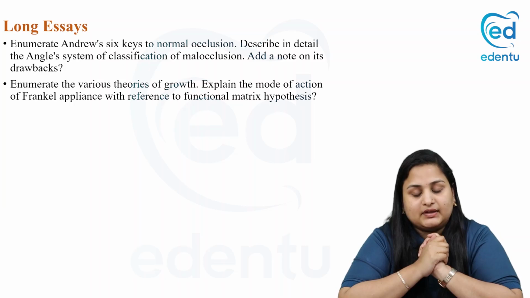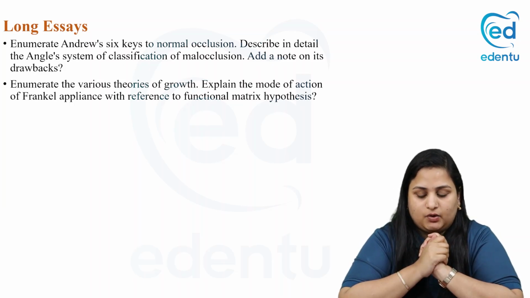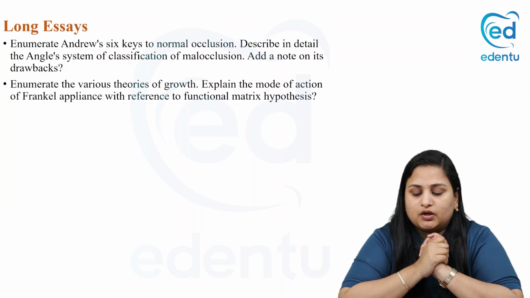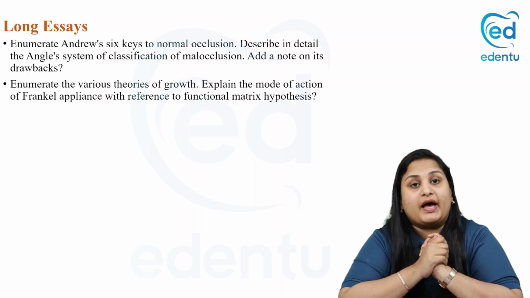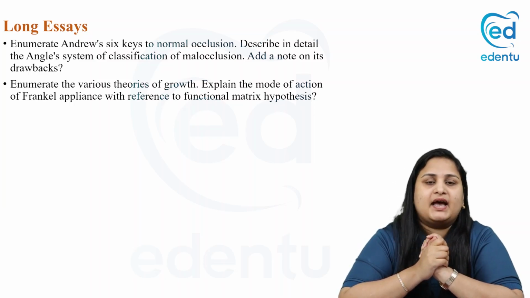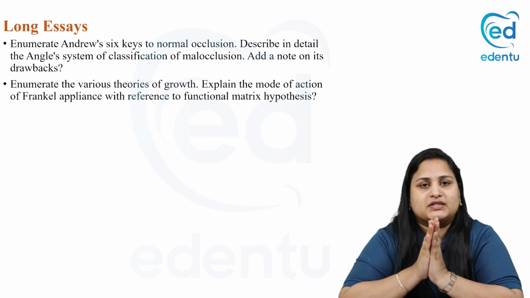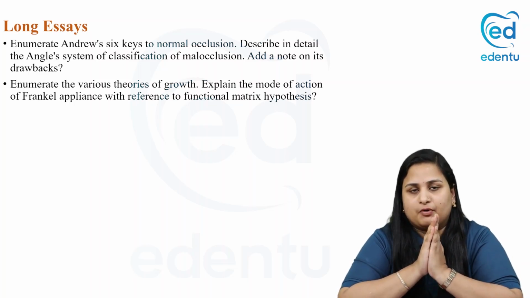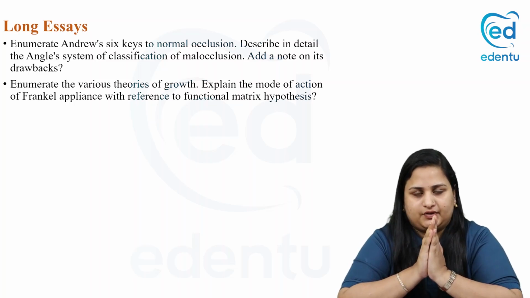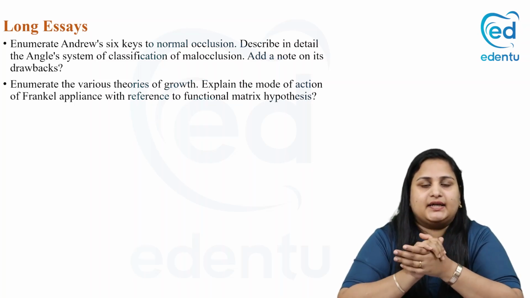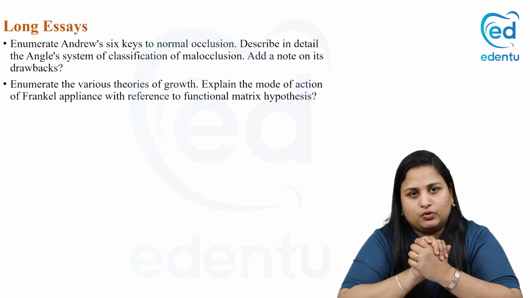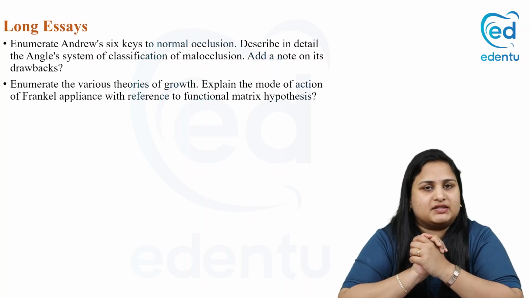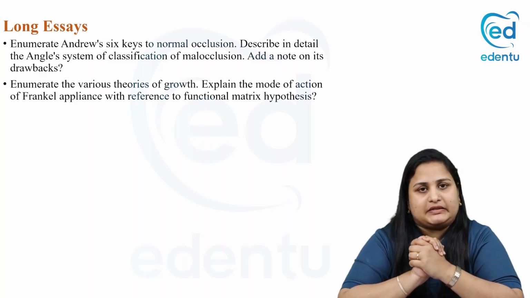Now the third part of the main question is: add a note on its drawbacks. So we have to enumerate the drawbacks and list them. Approximately, what they're looking for would be 10 solid points with proper explanation for each. If not 10, ideally stick to more than 5, say 6 to 7 or 7 to 8, and describe in detail why.